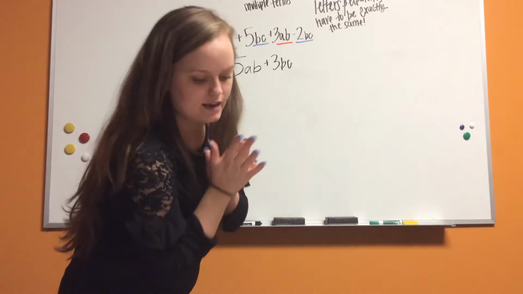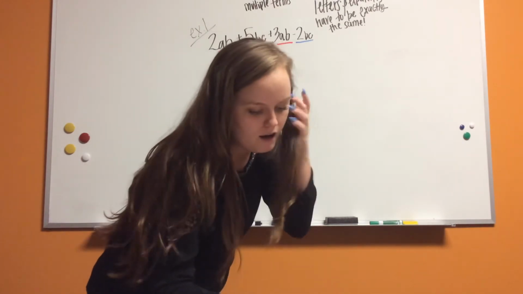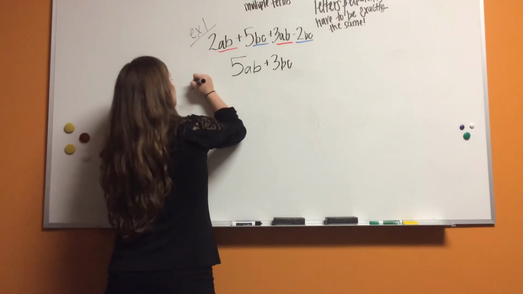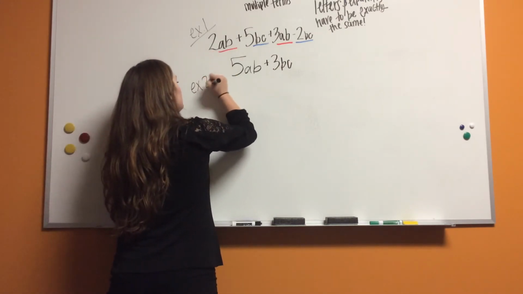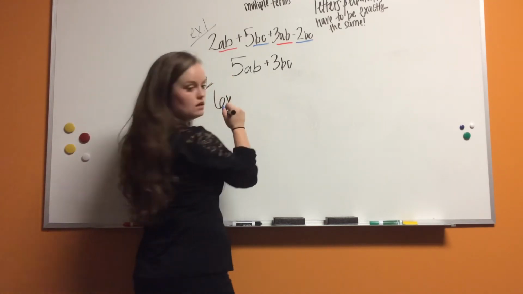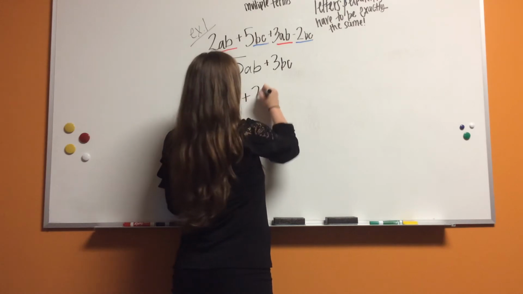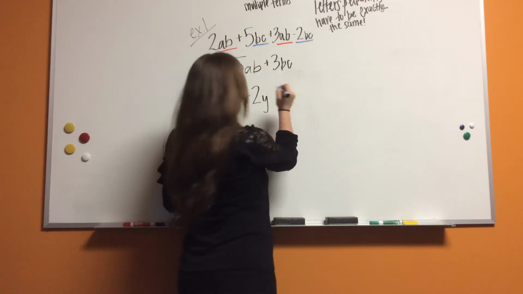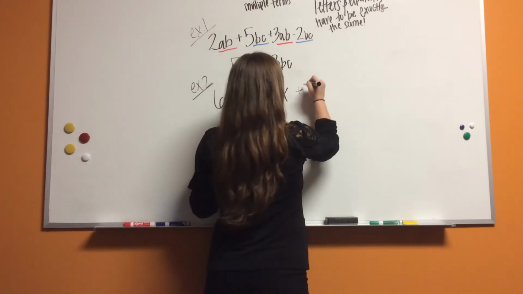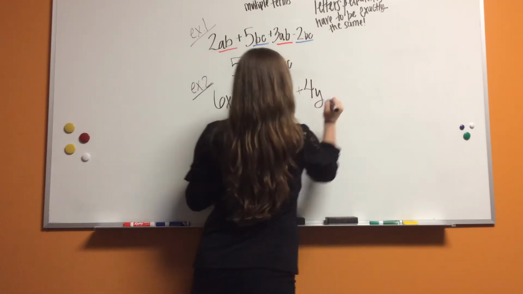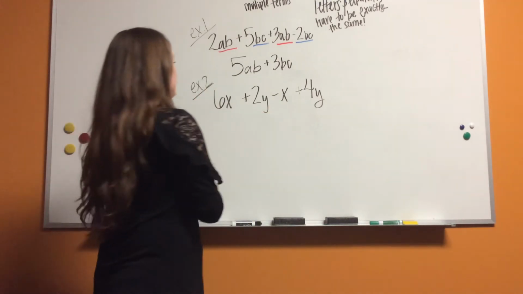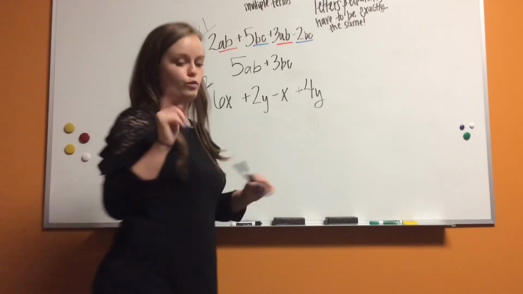Okay, let's see if I can get something a little more trickier for y'all. Oh, here's an example. Let's see. 6x plus 2y minus x plus 4y. Okay, what did we say about this one here? Good. It has a coefficient of 1, correct.